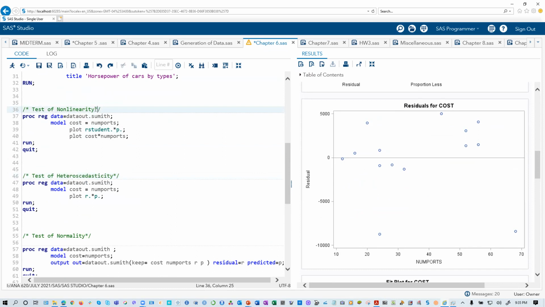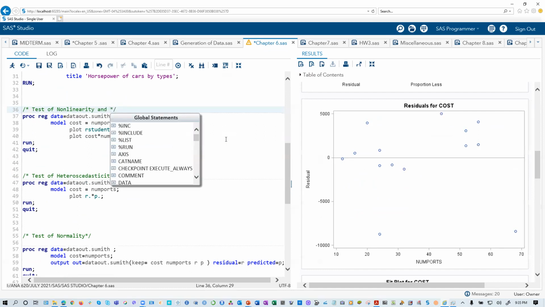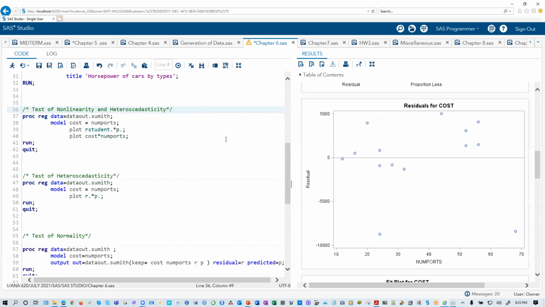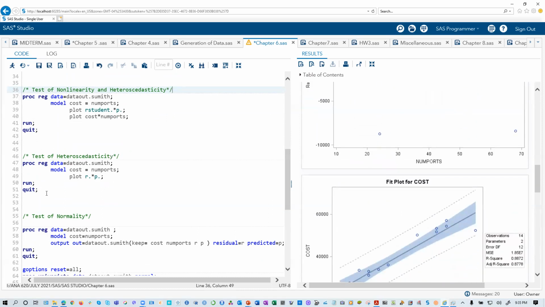Both can be checked from that graph in the way that we do here. But if you really want to check only the heteroscedasticity or homoscedasticity, you can use the predicted values. If you want, you can run and see this test.